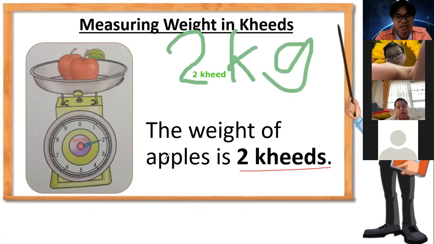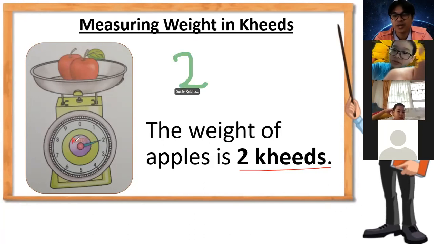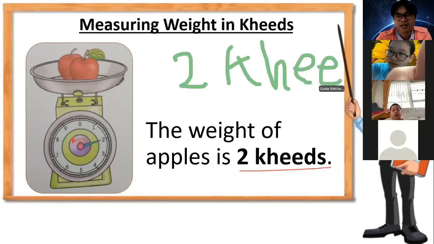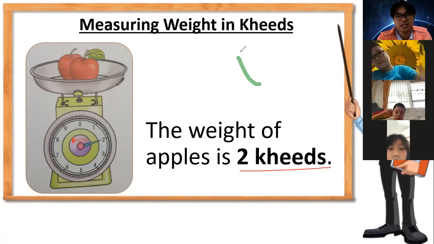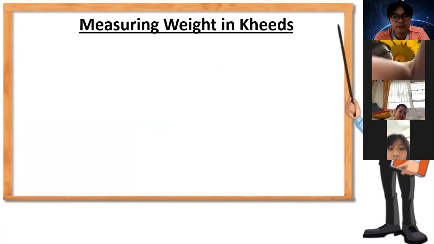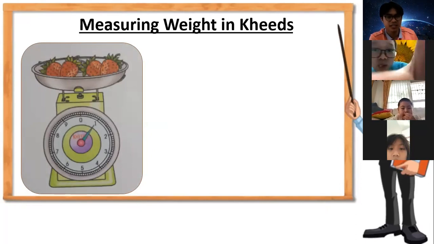Teacher, why not 2 kilograms? Because the spring balance here is in kids. You can see here, kids. If the weighing scale is in kilograms, we can tell in kilograms. Okay. All right, that's correct. Another example here. What is the weight of the strawberries in kids?